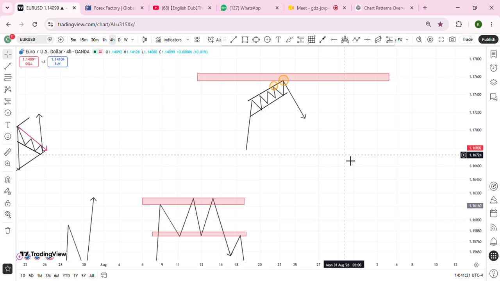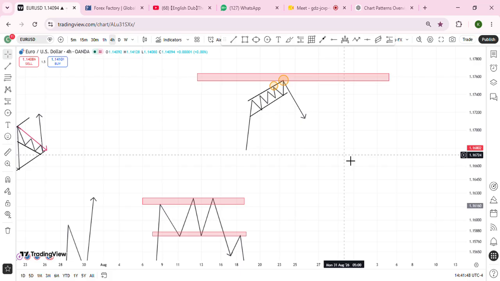Number three, the market is at a resistance zone. So you already have at least three confirmations. So when you are taking trades, make sure you have at least three confirmations before you take any trade.